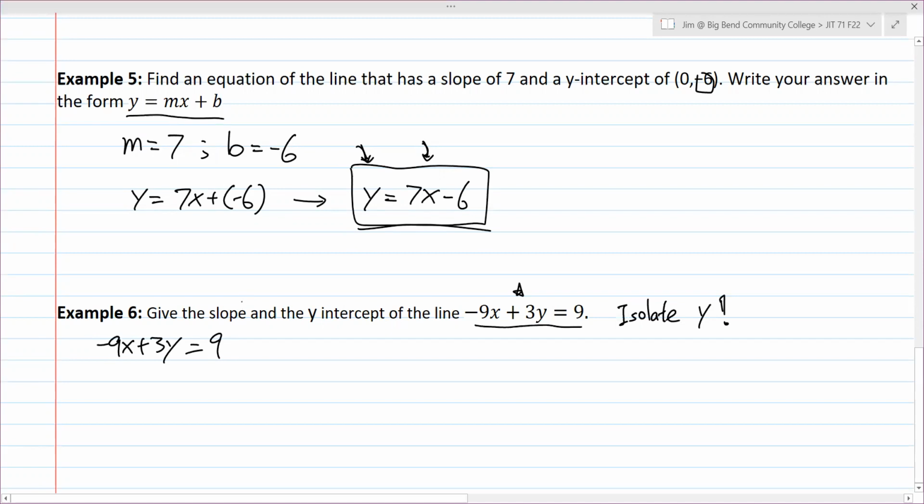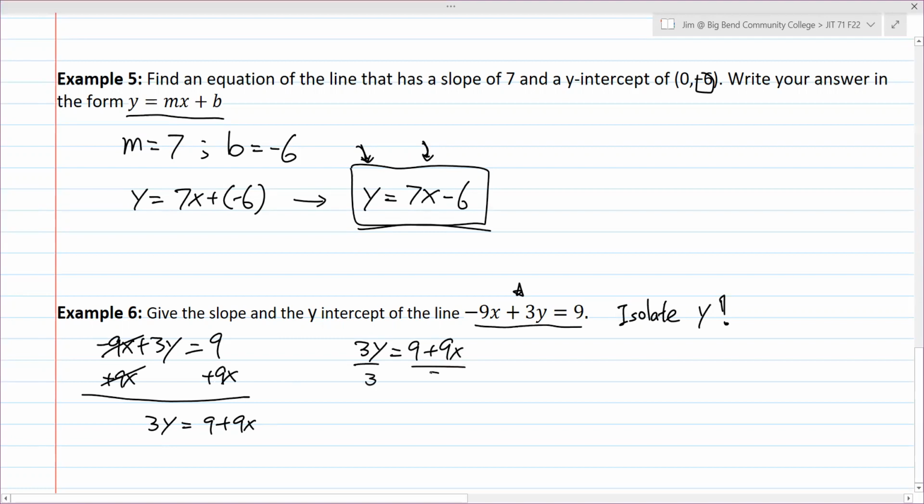So starting this way, and then if you recall the trick I showed you, then you'll immediately tell that we are adding 9x on both sides. Why? Because we are canceling these two terms to get 3y equals 9 plus 9x. All right, so we have the y term alone.